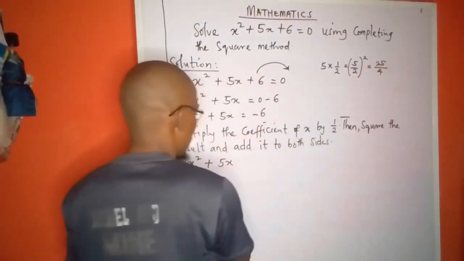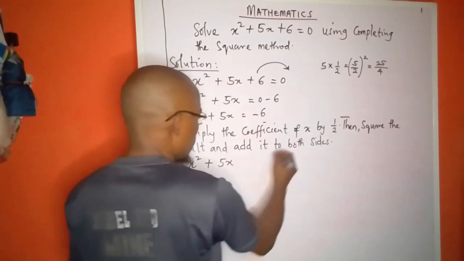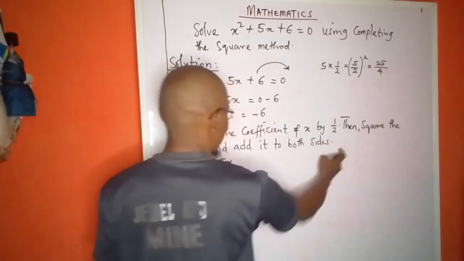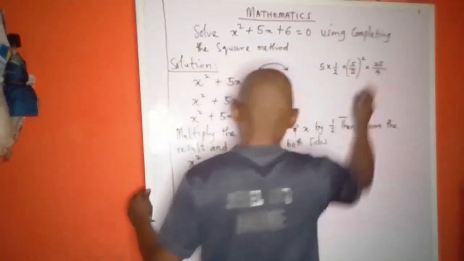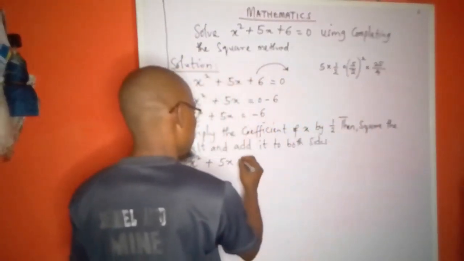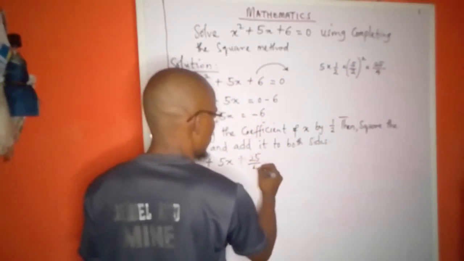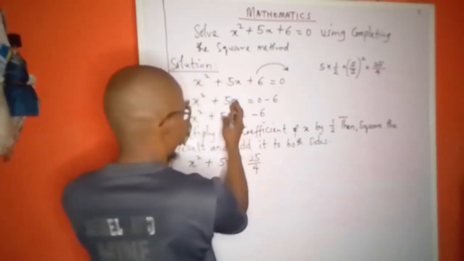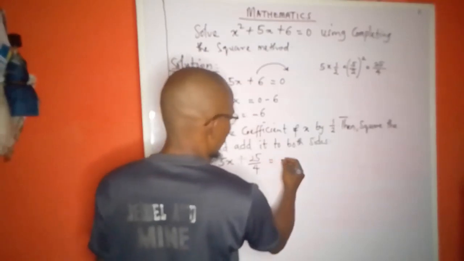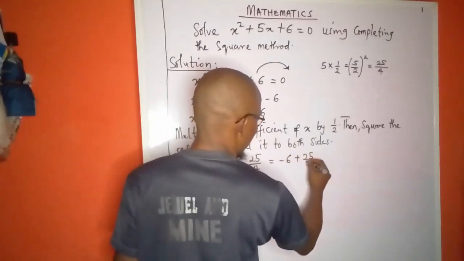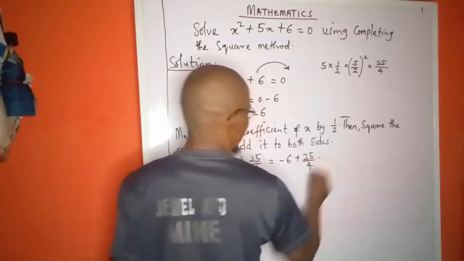Then we now say add it to both sides. So the final result we have here, we'll add it to this side, which is 25 over 4, then equal to minus 6 plus 25 over 4.